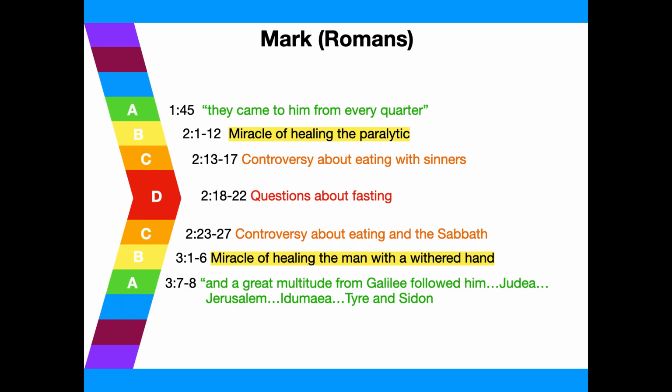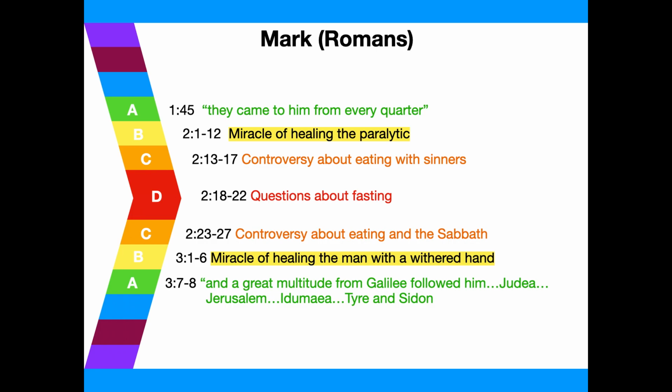It's not a readily apparent kind of thing, but it begins with the quote, "They came to him from every quarter." And then in chapter 3, it ends with, "And a great multitude from Galilee followed him, from Judea, Jerusalem, Idumea, Tyre, and Sidon." So we have people coming from every quarter, and then ending with, "They followed him from every quarter," pretty much.